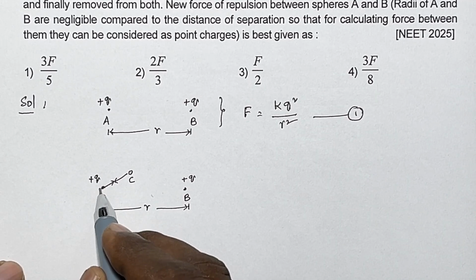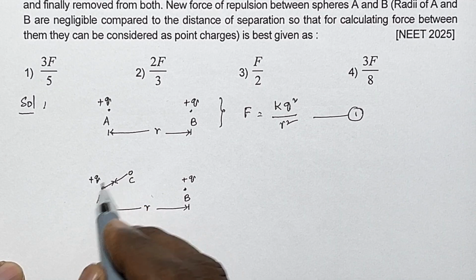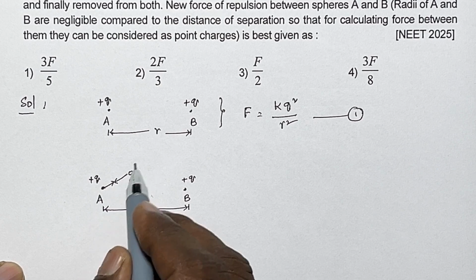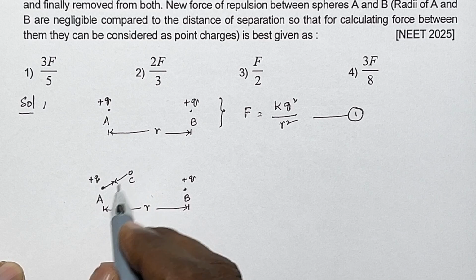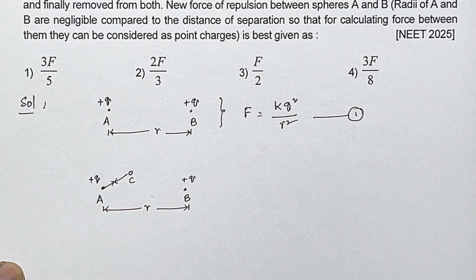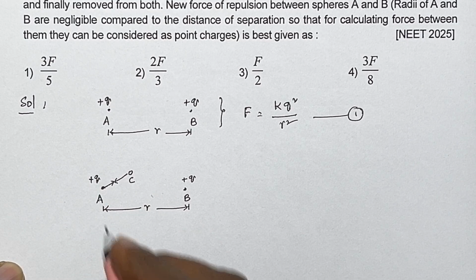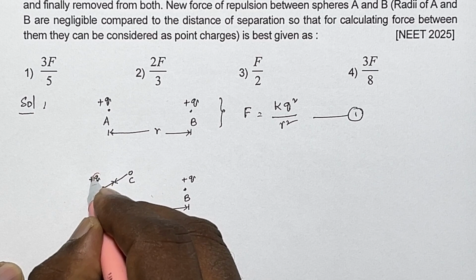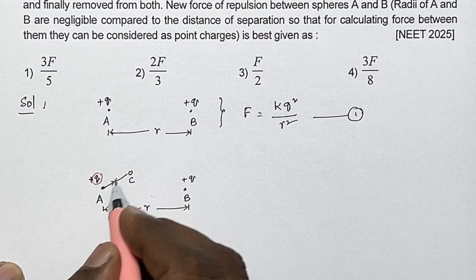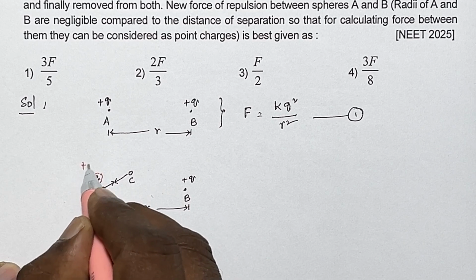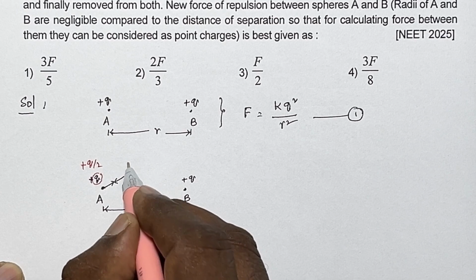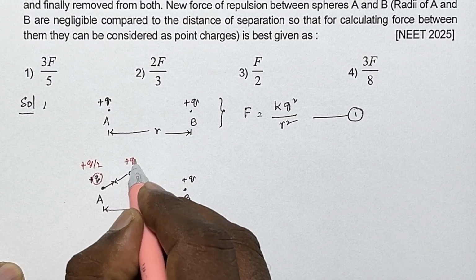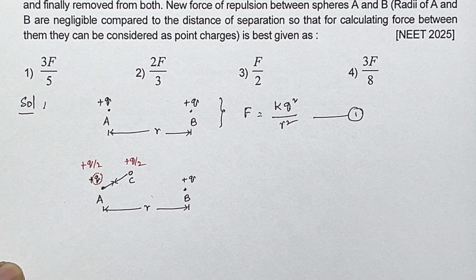The charges will flow from A to C till the potential on both of them becomes the same. So the average charge will come and sit on both of them. So A has Q by 2 charge. C, previously with no charge, now got Q by 2 charge.